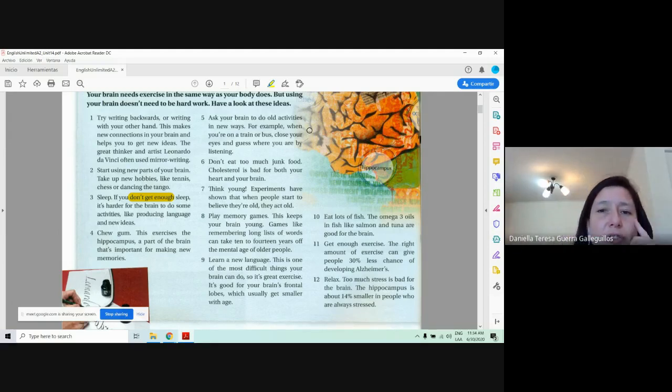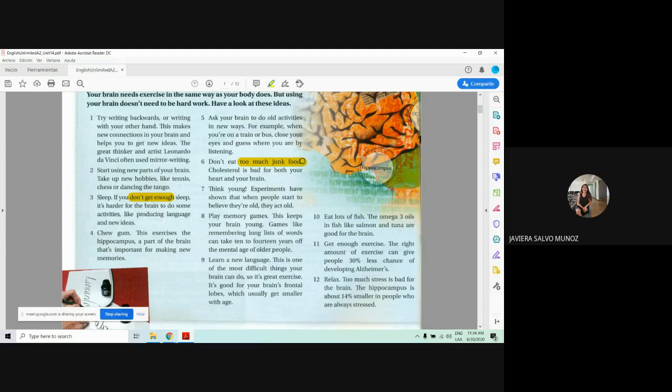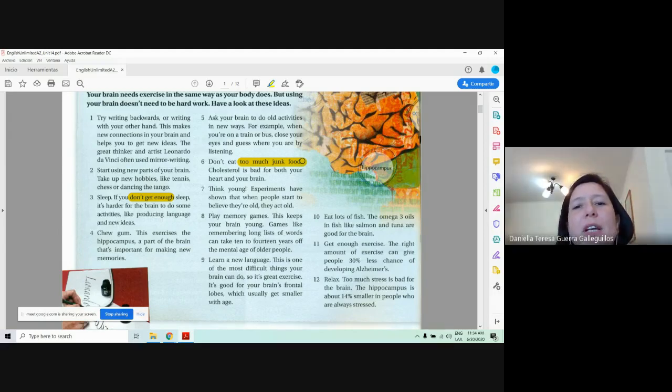6, don't eat too much junk food. And look at this. Don't eat too much junk food. As you remember, we use too much with countable or uncountable nouns. What do you remember with the use of too much? Uncountable. Uncountable, very good. That's why we say food, because food is uncountable.